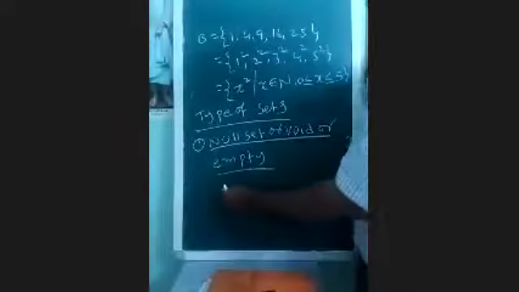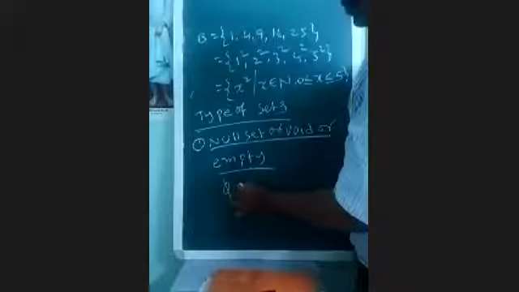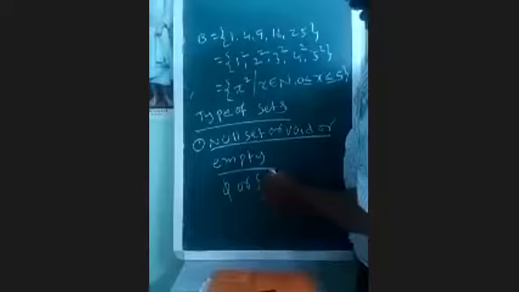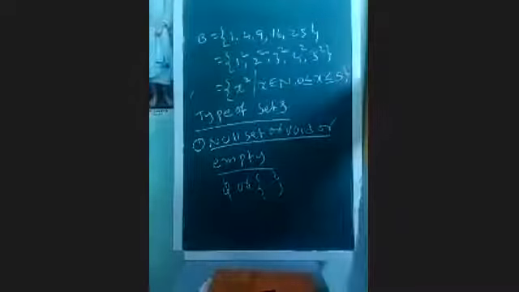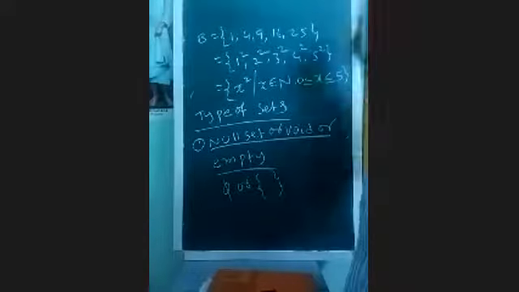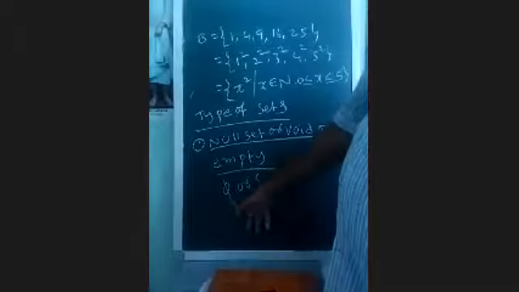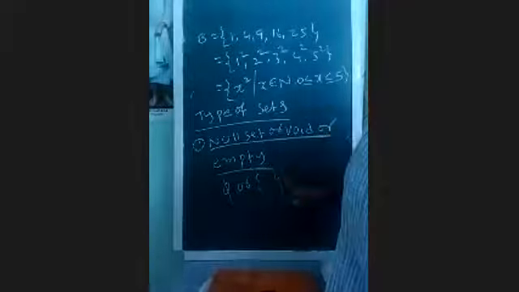It is denoted by phi or empty brackets. Null set means the set does not have any elements. Then this is called a null set.